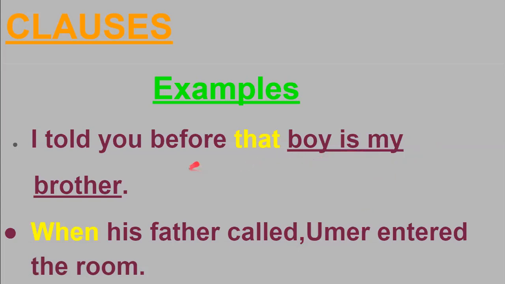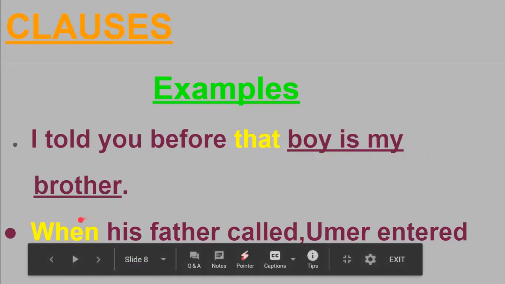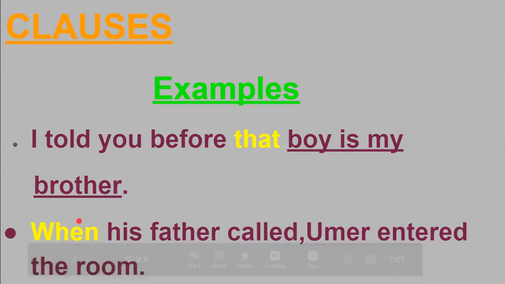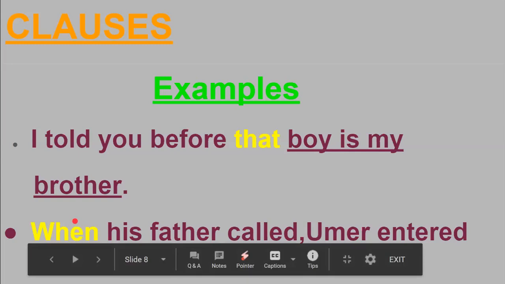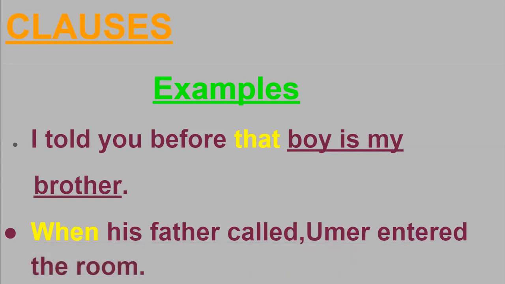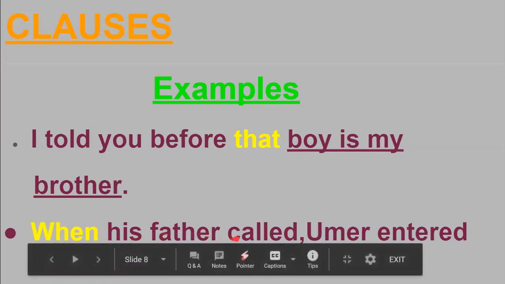And from where is the dependent clause starting? From where there is a conjunction. You can see the yellow conjunction is there. From there the dependent clause starts. Another sign of a dependent clause in a sentence is that it always starts with a conjunction. "When his father called" is the dependent clause.